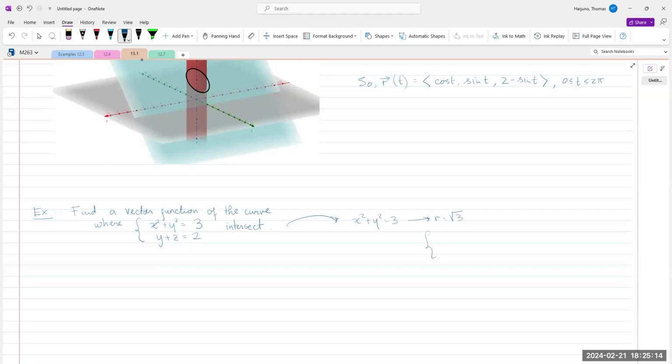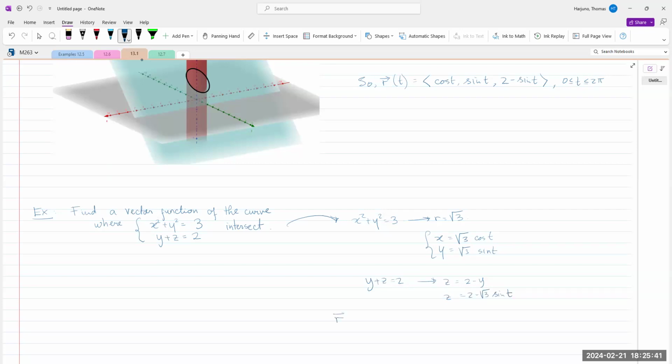So the parameterization from calculus 2 is square root of 3 cosine t, square root of 3 sine t. And then y plus z equals 2 becomes z equals 2 minus y, and therefore z equals 2 minus square root of 3 sine t.